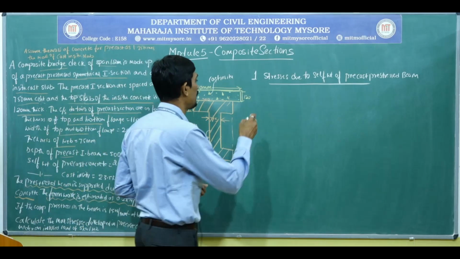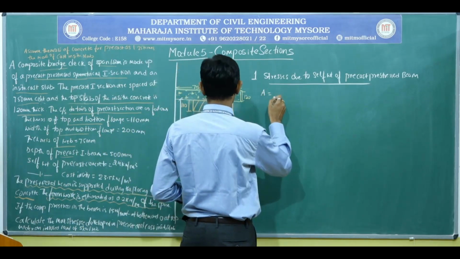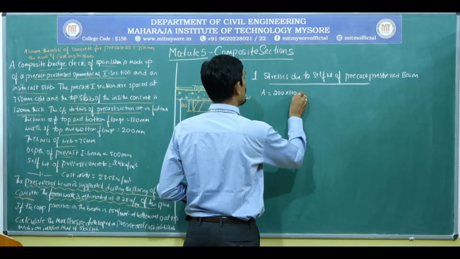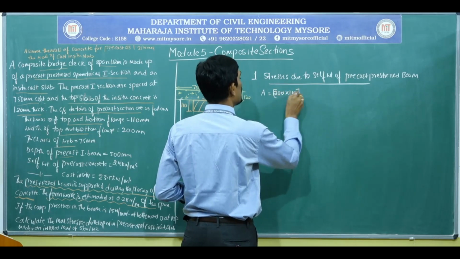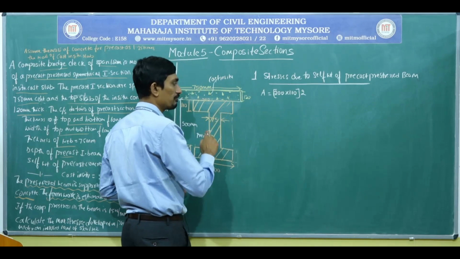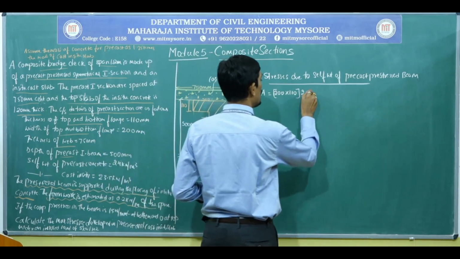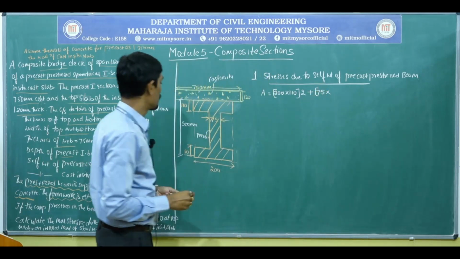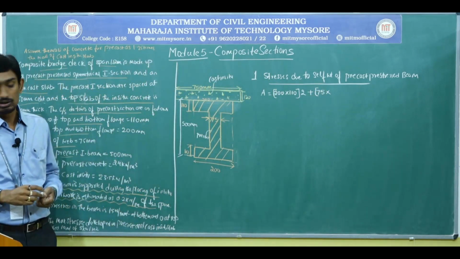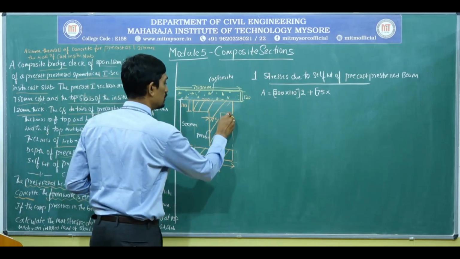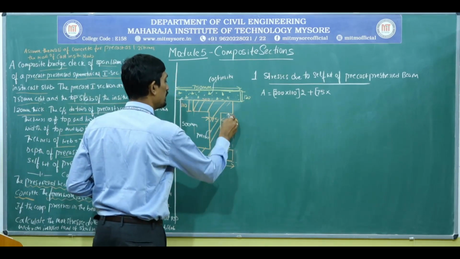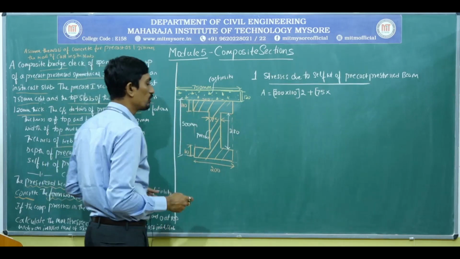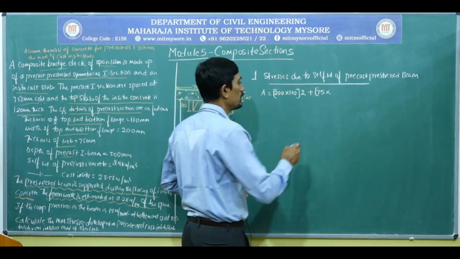As usual, calculate the area first. That is 200 into 110, multiplied by 2 because the top and bottom flanges are the same, plus 75 into the web depth. The web depth is 500 minus 220, which is 280.